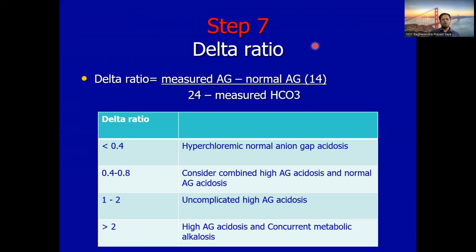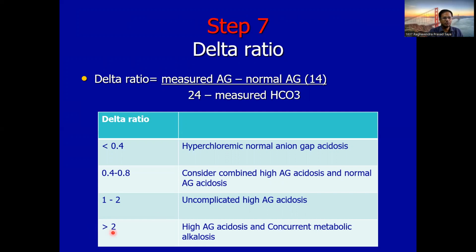Okay. By knowing this delta ratio, we can diagnose mixed acid-base disorders in a patient. So if the delta ratio is 1 to 2, then you tell the patient has uncomplicated high anion gap acidosis.